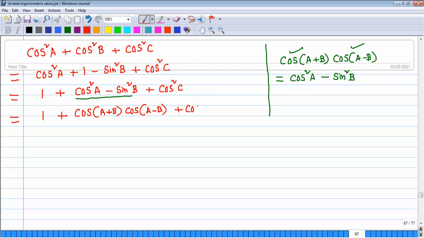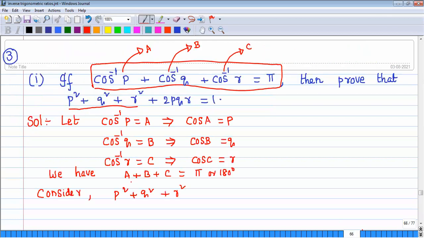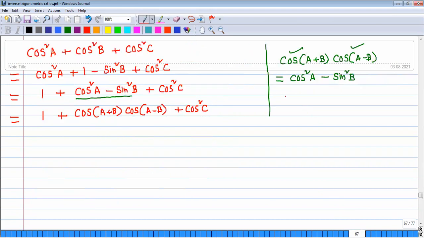plus cos square C. But according to the problem, just check, A plus B plus C is equal to pi. So that means A plus B is equal to pi minus C. But here we have cos of A plus B. So cos of A plus B is equal to cos of 180 degrees minus C. 180 minus C, second quadrant, cos is negative, cos remains cos.